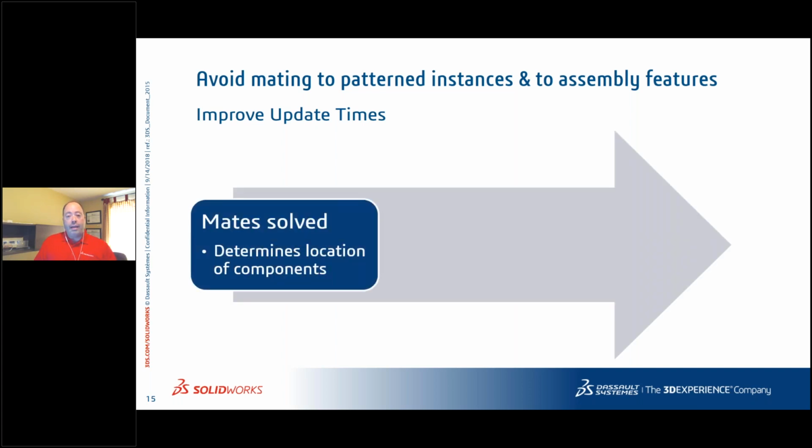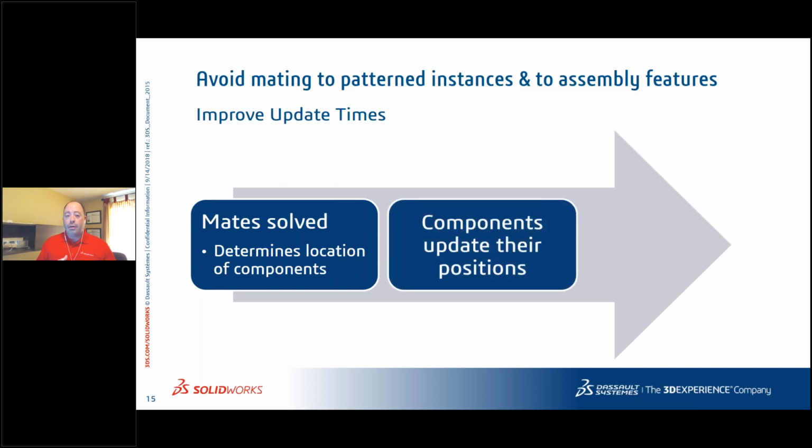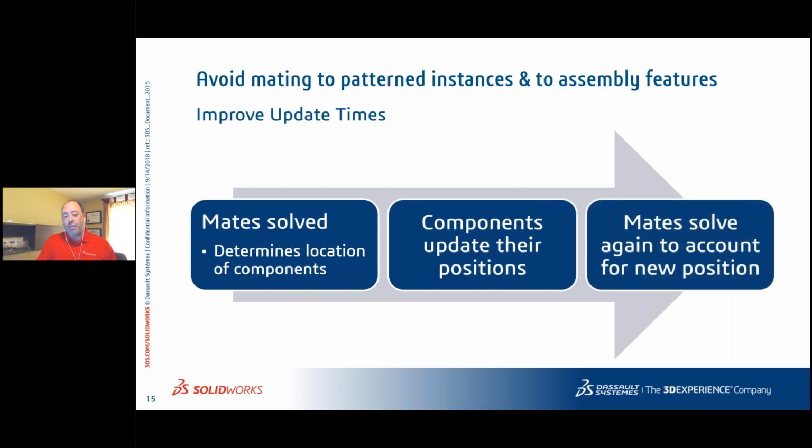So here's an example. Here's the process. I've got, let's say, two plates. I'm doing a hole in the assembly, at the assembly level, putting a bolt inside that hole. First of all, it has to solve the mates of the two plates, right? Then it has to update the position of those two plates and the feature. And if I'm putting a mate inside of that, it has to solve that mate inside of that hole that's defined by the position of the plate.